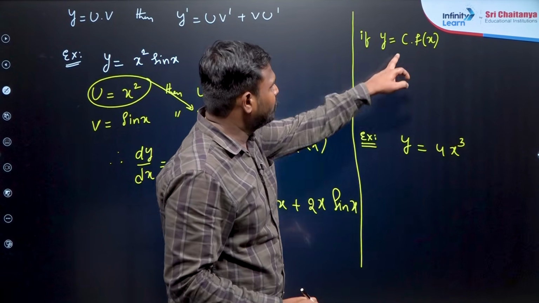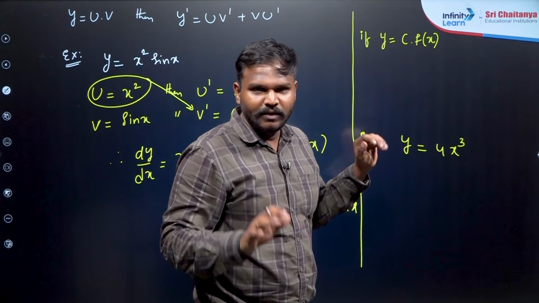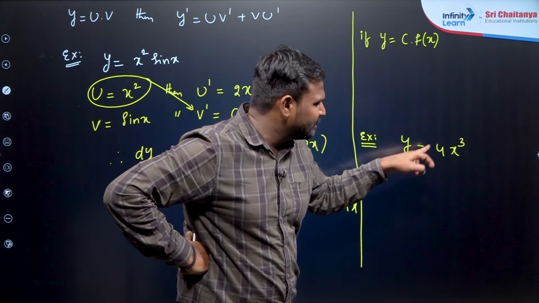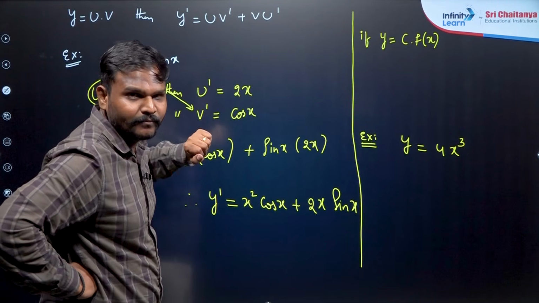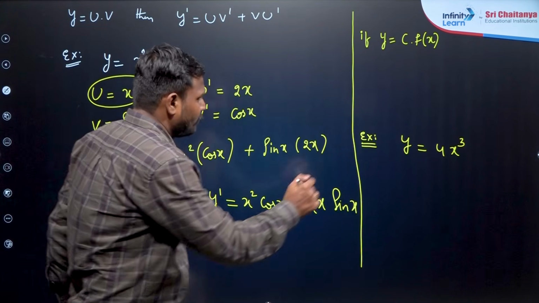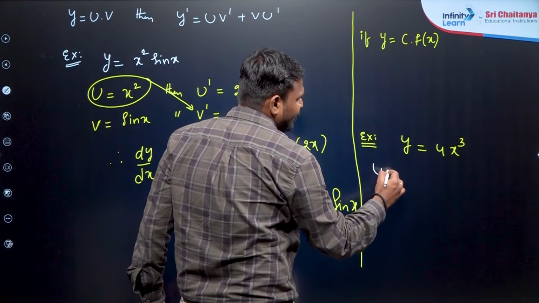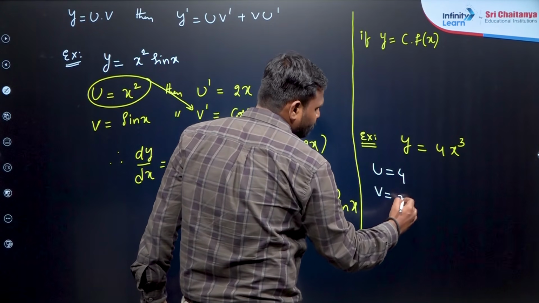Here the constant is 4 and the function is x cube. Now whenever multiplication is there, we have to take it as u v dash plus v u dash, correct? So what will we take? Our u we will take as 4 and v we will take as x cube.